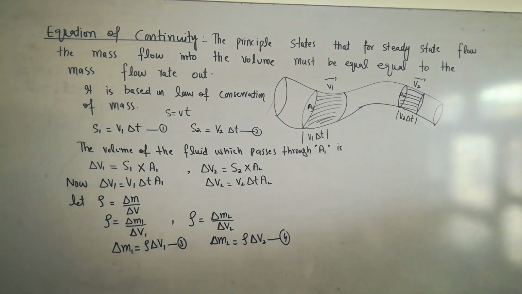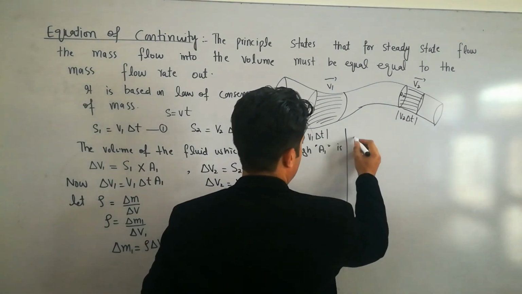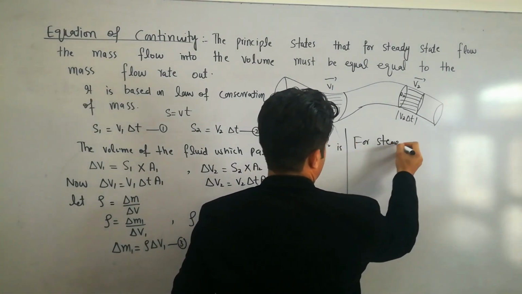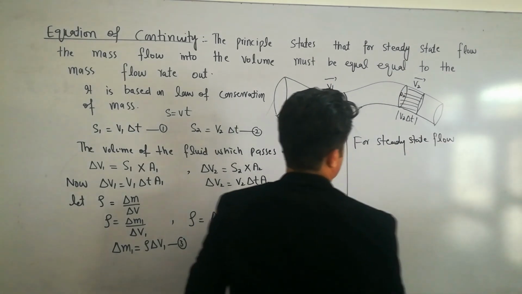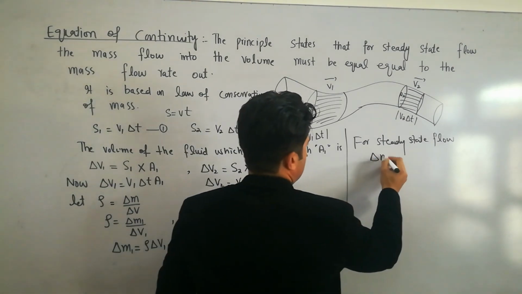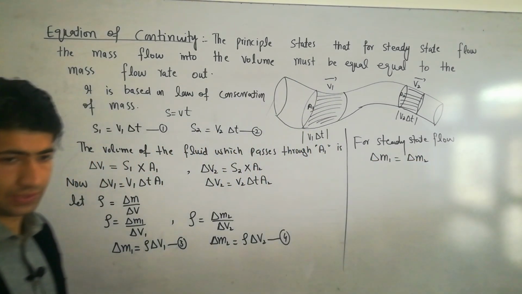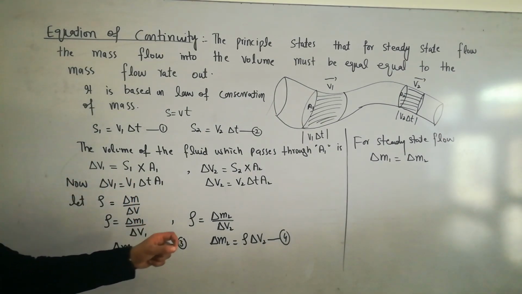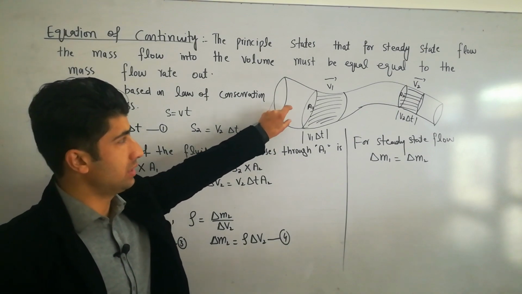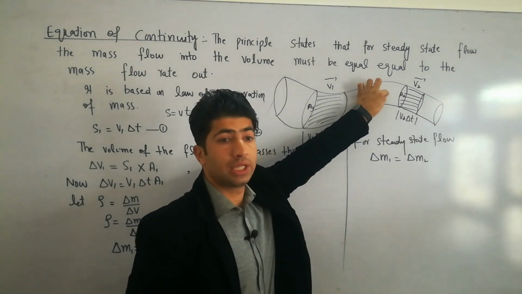Now you should remember that for a steady state flow, delta M1 will become equal to delta M2. Understand? When there is a continuous flow in a pipe, the mass of fluid through area A1 will be equal to the mass flowing through area A2.